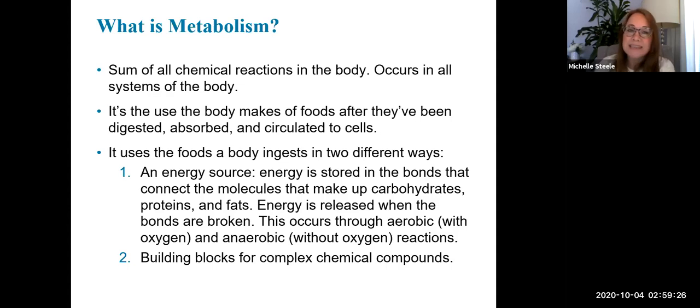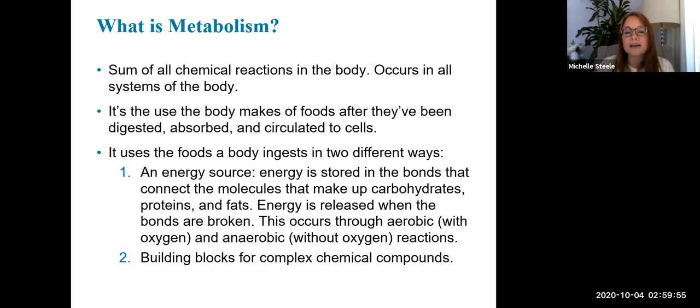Now, what is metabolism? Metabolism is the sum of all of the chemical reactions in the body that occur in all systems of the body, that occur in all 10 trillion cells of our body. Now, it's the use the body makes of foods after they've been digested, absorbed, and circulated to the different cells.